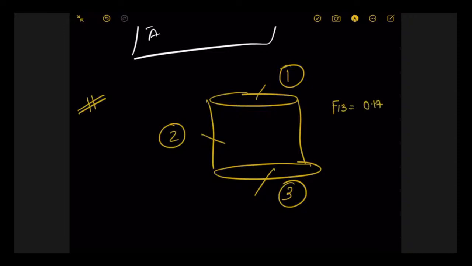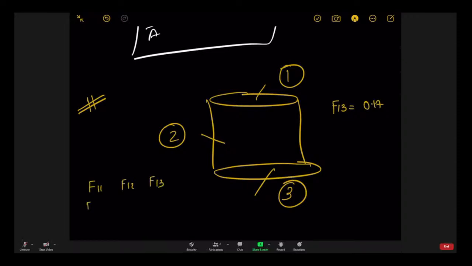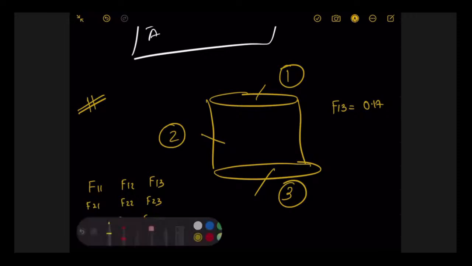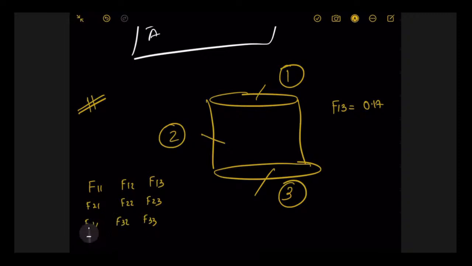So you have to calculate every value: F11, F12, F13 is given, F21, F22, F23, F31, F32, F33. Take it as homework. I will tell you how to solve. F13 you have.